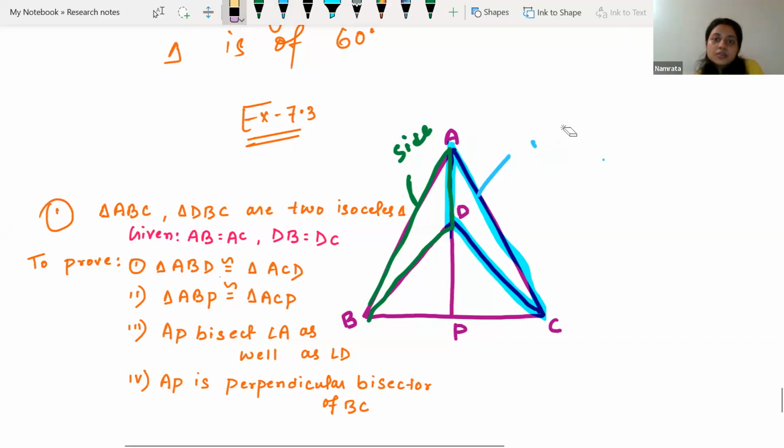I need to just remove everything so that in the next part we do not get confused.